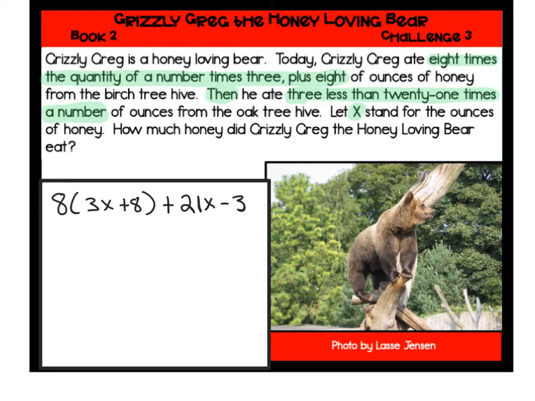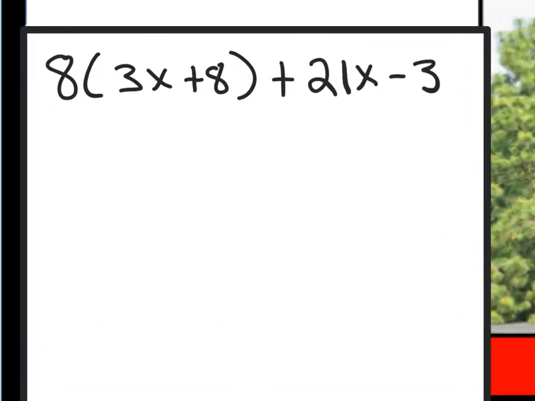The next thing you would need to do is use the distributive property to simplify this. So let's go ahead and do that. We're going to distribute the 8 across the 3x and then across the 8, okay? And then we'll just drop the rest of this. So let's go ahead and make a little bit more room. And I will do this in blue. So here we go. 8 times 3x is going to give you 8 times 3 is 24. So you got 24x.